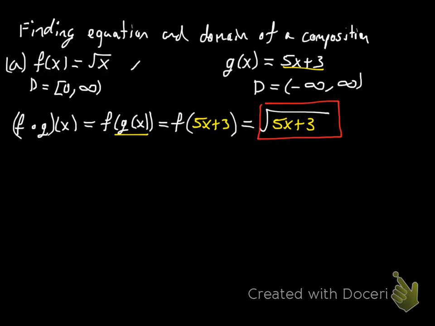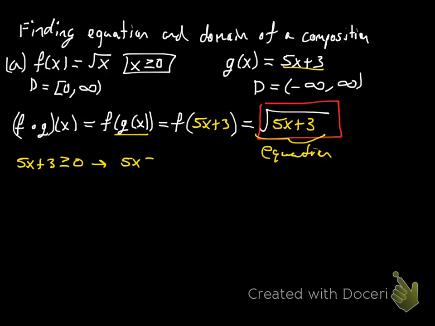Now they want us to find the domain. So g of x as itself didn't have any problems. However, when I feed things from g of x, I might get some negatives. So we're going to have to make a restriction on this. So I'm going to mention again that the radicand has to be greater than or equal to 0. So the radicand is the 5x plus 3.